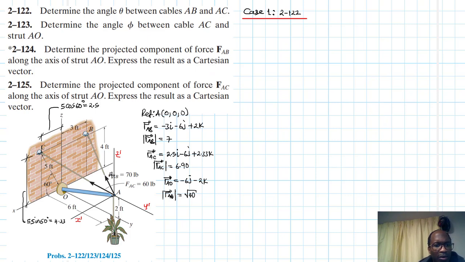but for the angle we can use any vector, right? It doesn't really matter. So instead of using force vectors for the angles, we're just going to use position vectors, right? So we have RAB, which is equal to minus 3i minus 6j plus 2k.